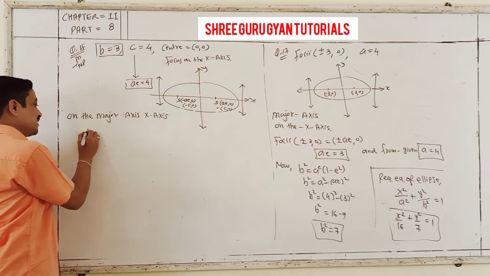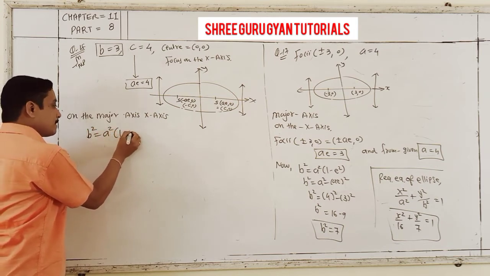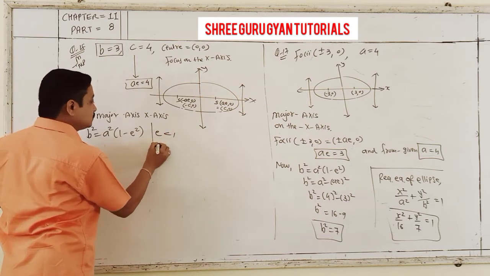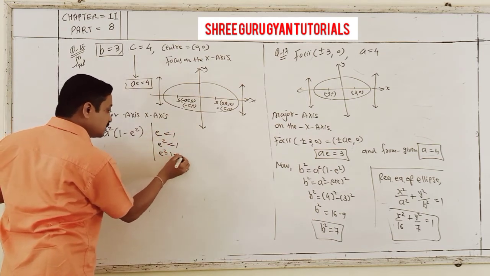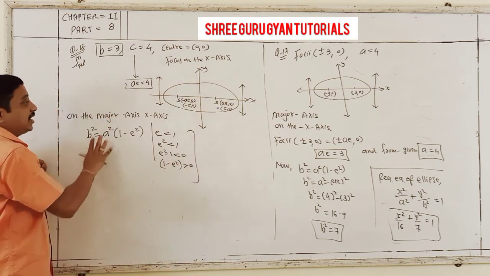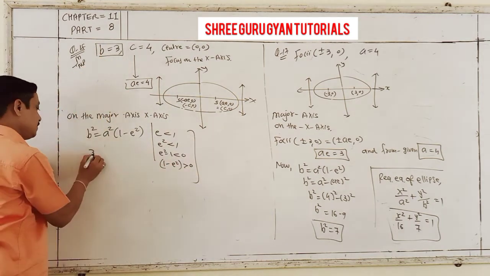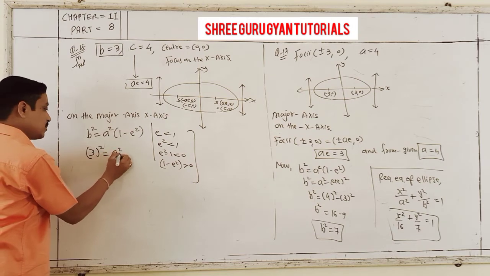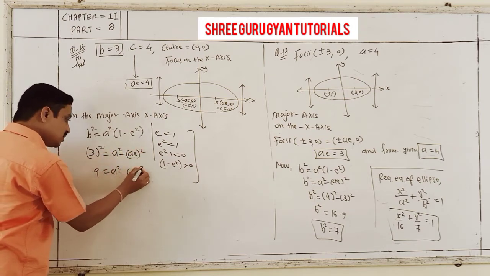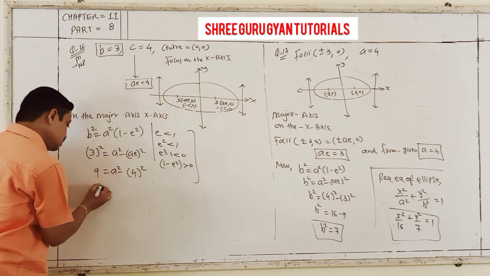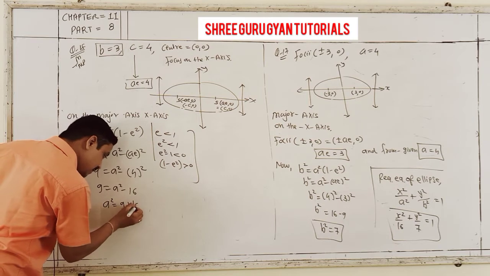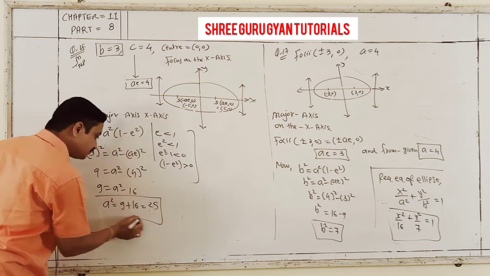Yes, b square is equal to a square times (1 minus e square), because e is less than 1, e square is less than 1, and 1 minus e square is more than 0. And now you know the value b is 3. Yes, a square minus ae square, it is 9. And what is the ae? 4. So 9 is equal to a square minus 16. a square becomes 9 plus 16, it becomes 25.